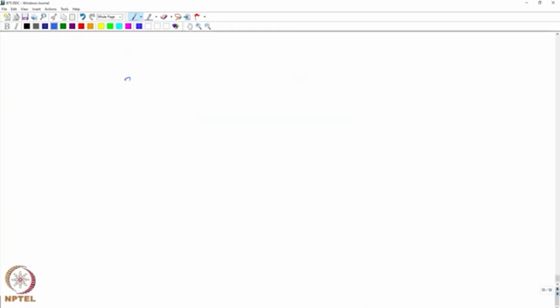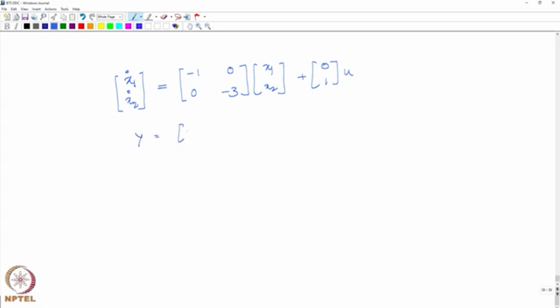Suppose this is my starting point: x1 dot, x2 dot is equal to -1 0 0 -3 times x1 x2 plus 0 1 times u, and y is equal to, like before, 1 1 times x1 x2.